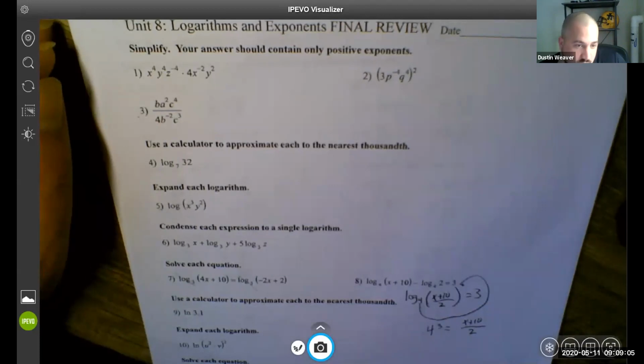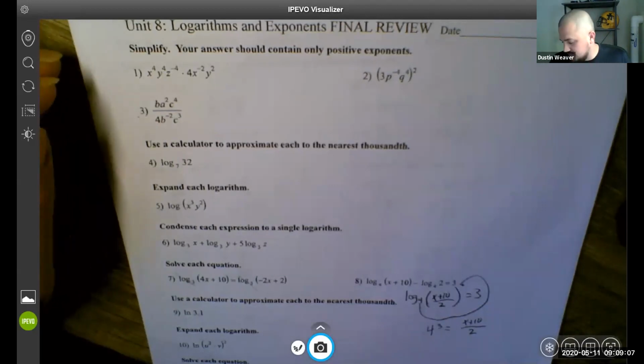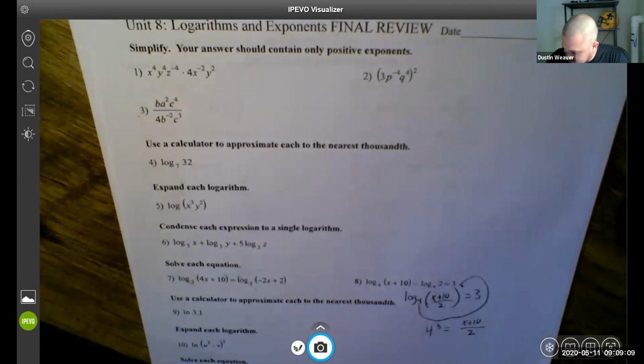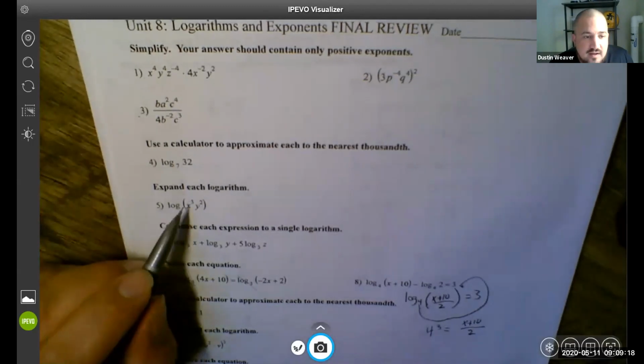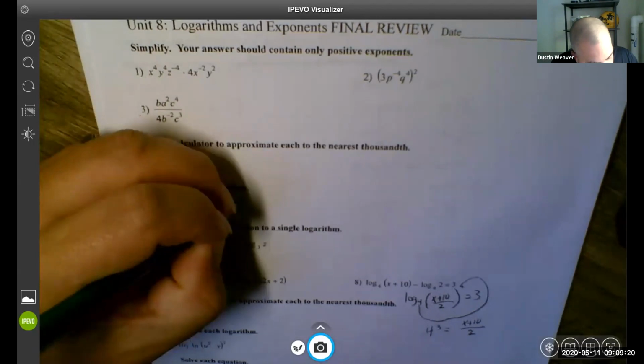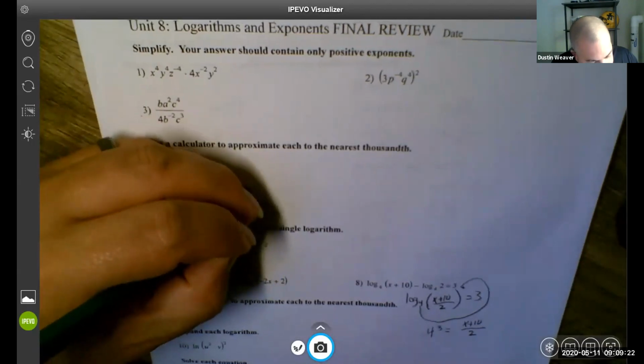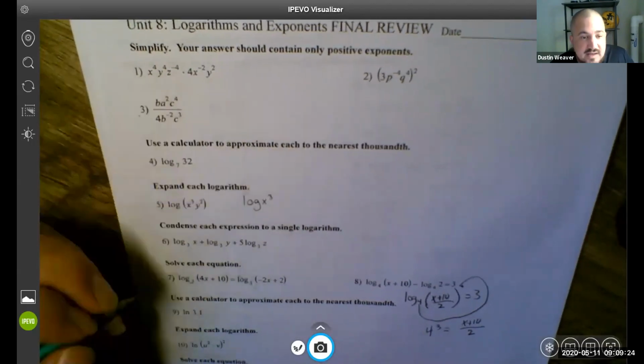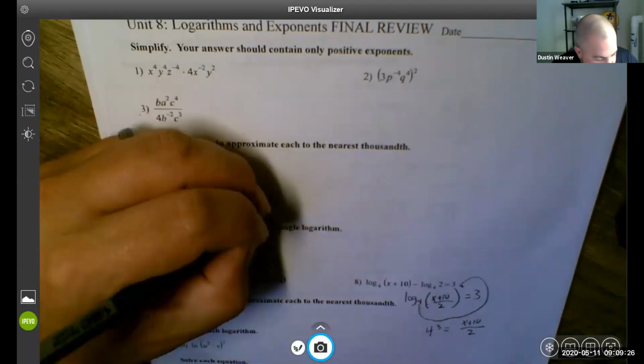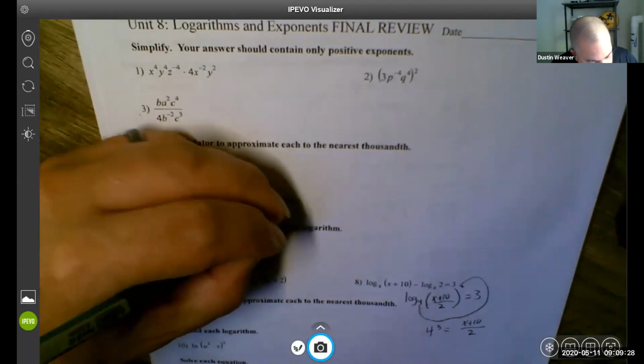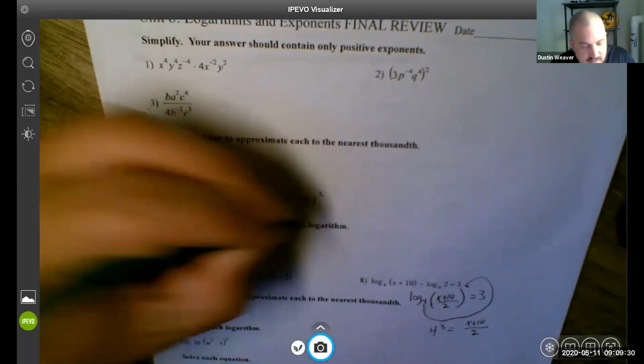Can I do number 5? Sure. So in number 5, it says to expand the logarithms. If I was doing number 5, I would say log x to the third plus, because it's multiplication, plus log y squared.